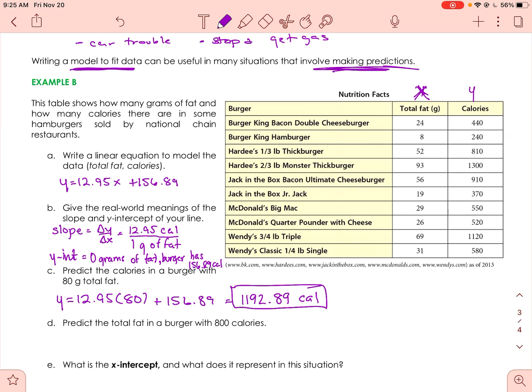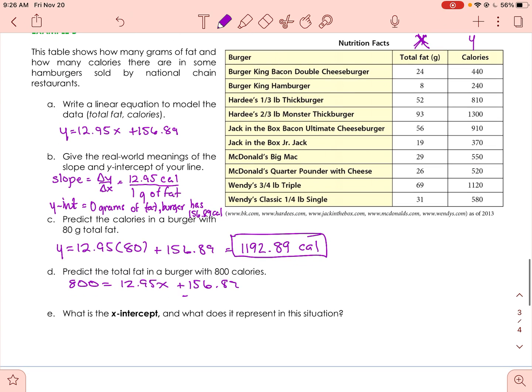If we wanted to predict the total fat in a burger with 800 calories, we would have 800 equals 12.95x plus 156.89. We would subtract 156.89 from both sides. So we'd have 800 minus 156.89. That would give us 643.11 equals 12.95x.